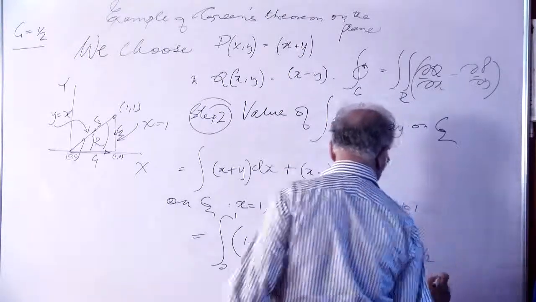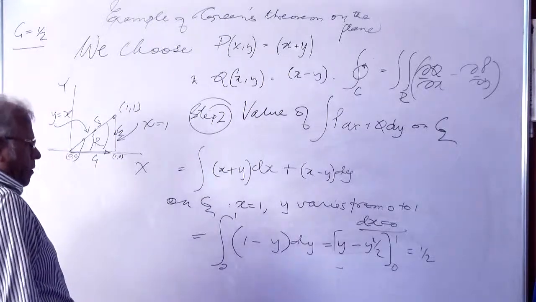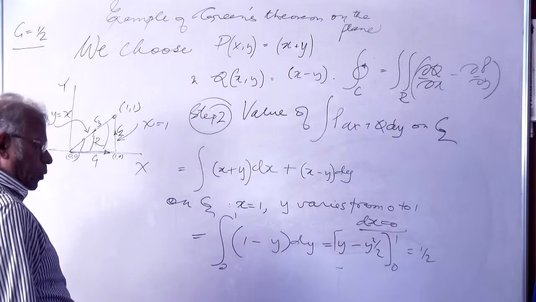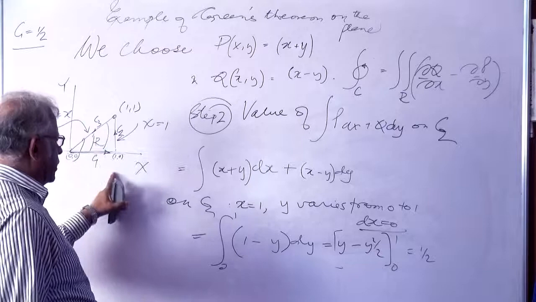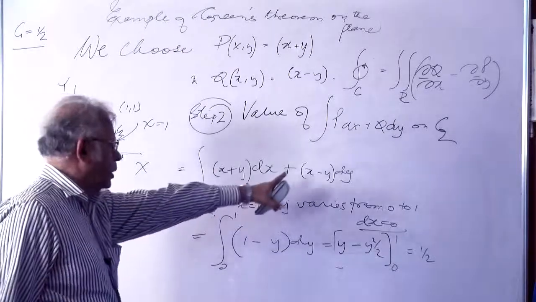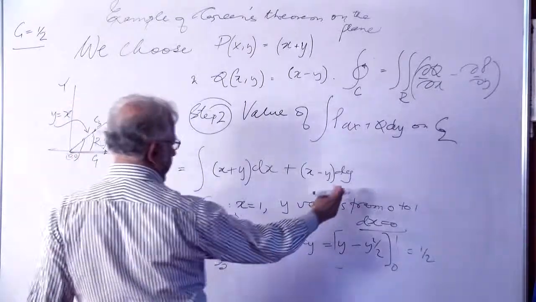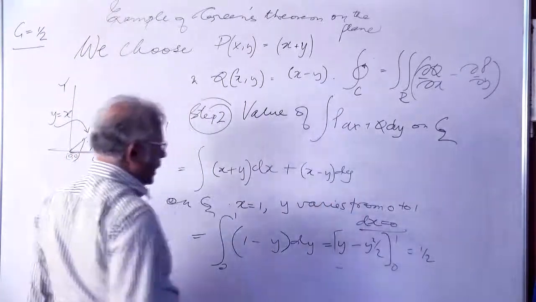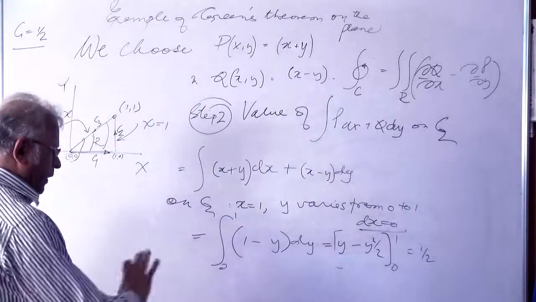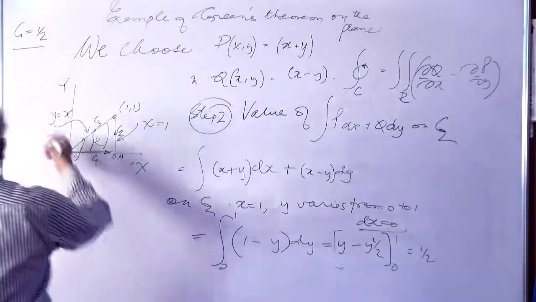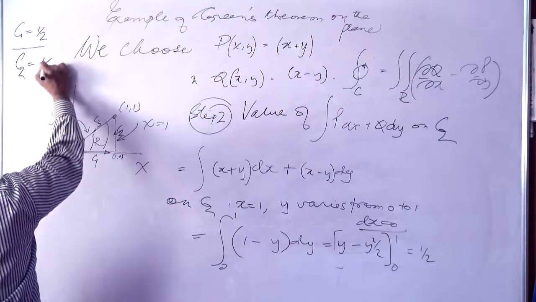So again we get half. So I don't think there's anything wrong there. No change in the value of x means dx is 0, and x minus y is changed to 1 minus y integrated with respect to y, and the limits for y are 0 to 1. That's perfectly all right. So we capture that result as well and write over C2 the value is again half.